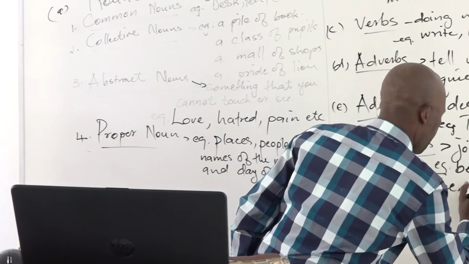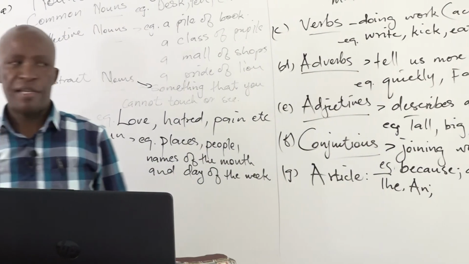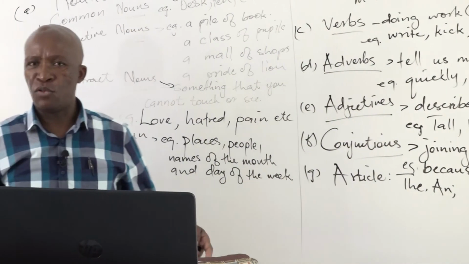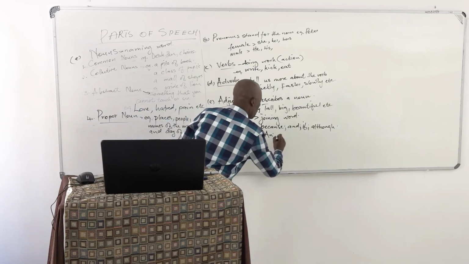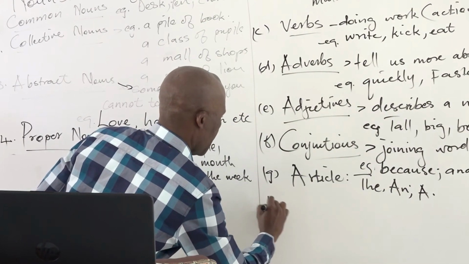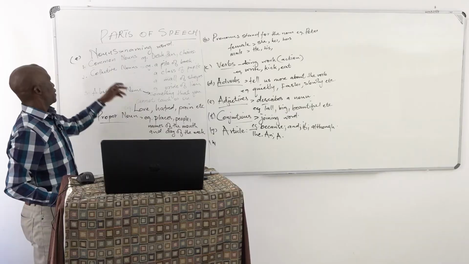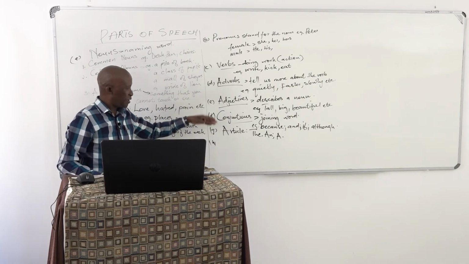There, we also have an apple. You cannot just say an apple or the apple. We use these articles. That will be explained further in the next lesson. We also have a. Now, remember we've got the nouns, proper nouns, pronouns, verbs, adverbs, adjectives, conjunctions, articles.